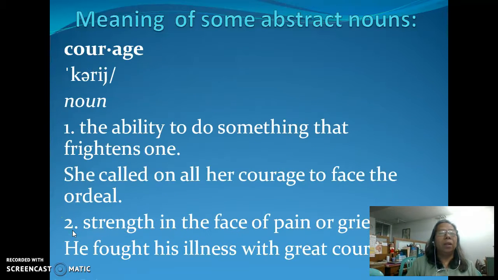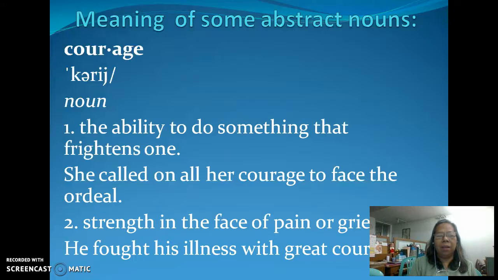Now, notice in this second word, an example of an abstract noun, the meaning of the term courage. It says, the ability to do something that frightens one, or the strength in the face of pain or grief. An example of a sentence under the first meaning is, she called on all her courage to face the ordeal.